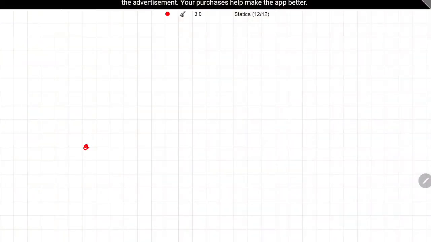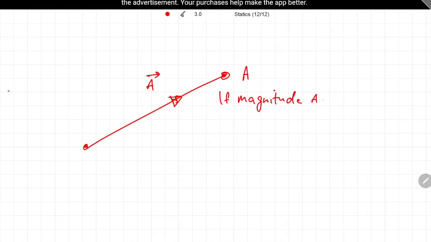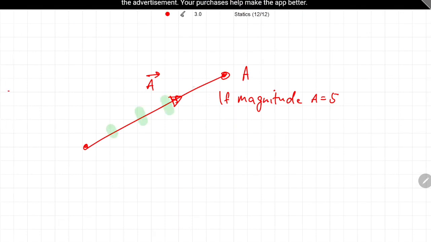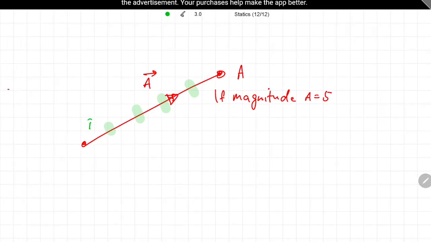Okay, now let's say this line represents vector A and the magnitude of vector A is 5. So we can divide this vector line into 5 equal distances. So this would be region 1, region 2, region 3, region 4 and region 5.